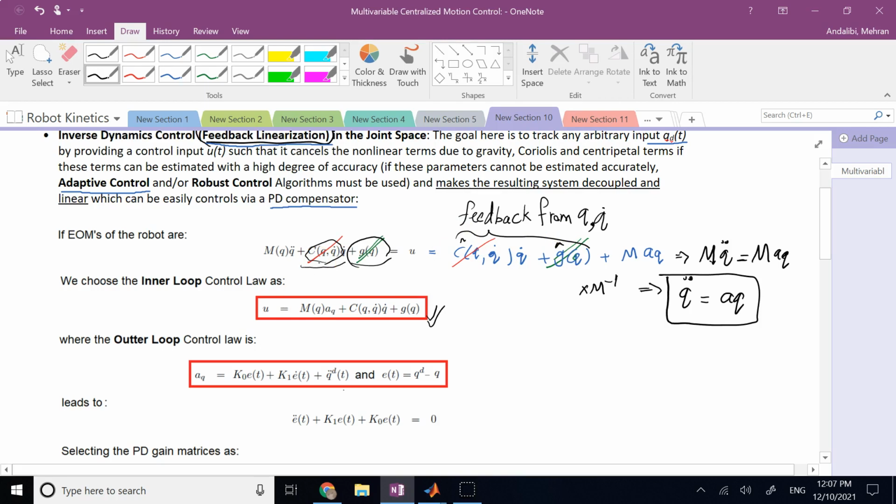That's where I mentioned adaptive control or robust control. What happens if your estimate of these nonlinear terms is not identical to what the robot has? Can your robot still be this nice equation? Of course not. There will be some residual terms.